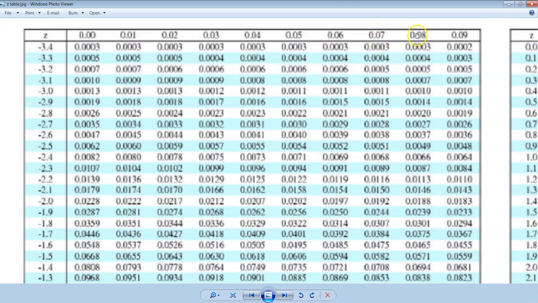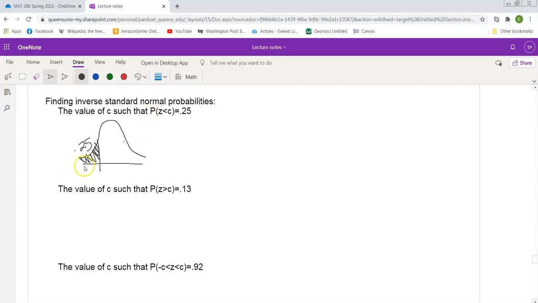So it's between negative 0.67 and negative 0.68. So if you want to, you can split the difference there and call that negative 0.675.